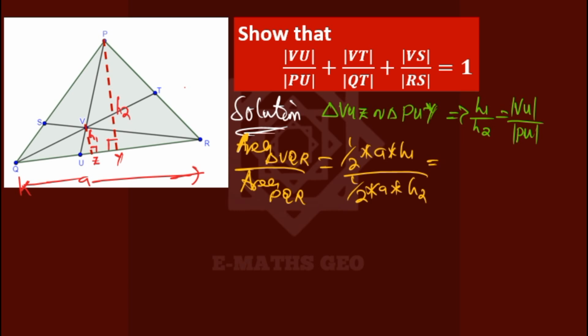So this is equal to H1 over H2, and we've gotten that H1 over H2 is the same as VU over PU.